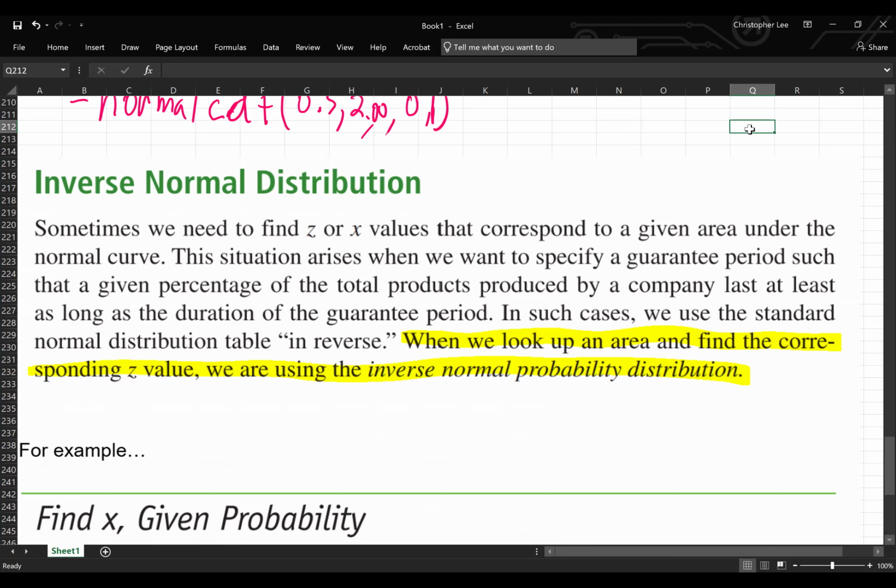In such cases, we use the standard normal distribution table in reverse, right? We look up an area inside the table, and then we find the z value on the outside corresponding to it, right? So we are using the inverse normal probability distribution.